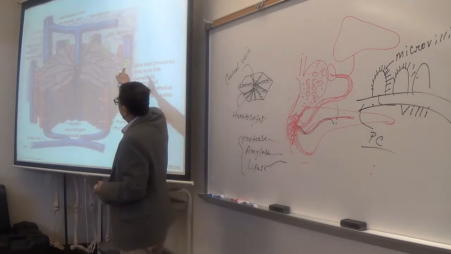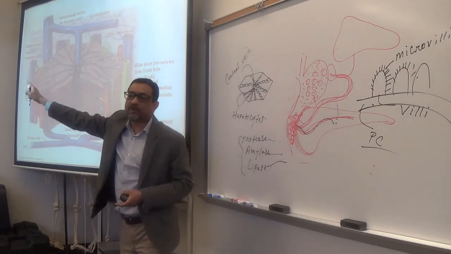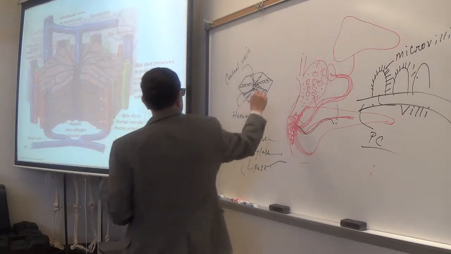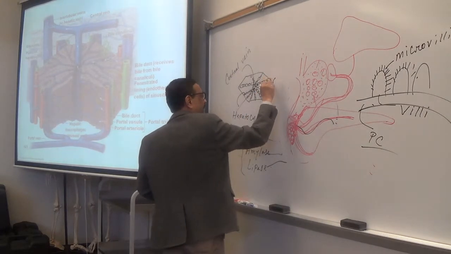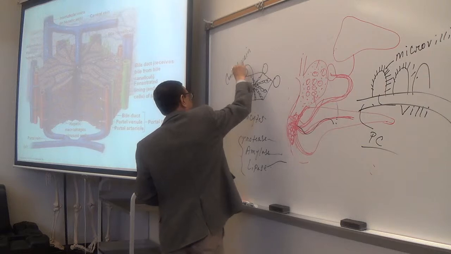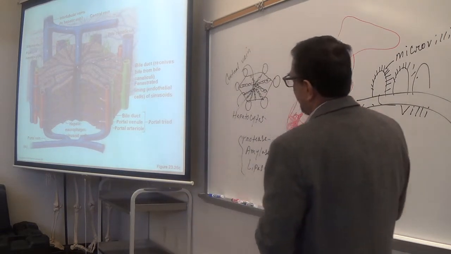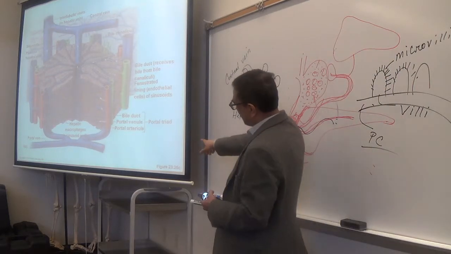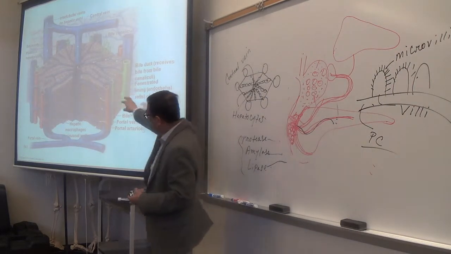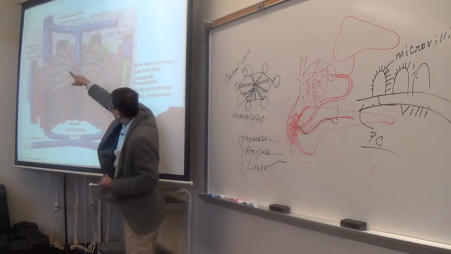And at each of those 6 angles, you have portal triads. In each angle, you have portal triad. This is one portal triad, this is another, that is another, okay? Like this.